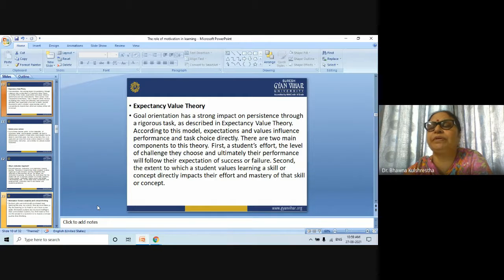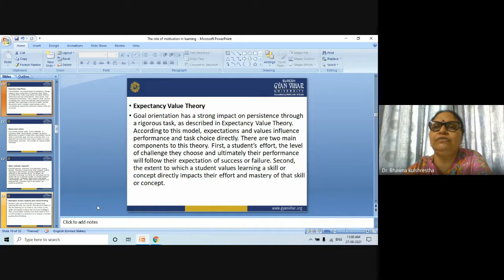Children's perceptions and interpretations are influenced by a broad array of social and cultural factors, and especially by parents and teachers.